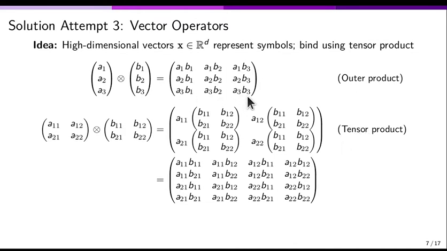Turns out the outer product version does lose information. The tensor product, though, doesn't. So no information is lost. You can always recover what those inputs were from this.